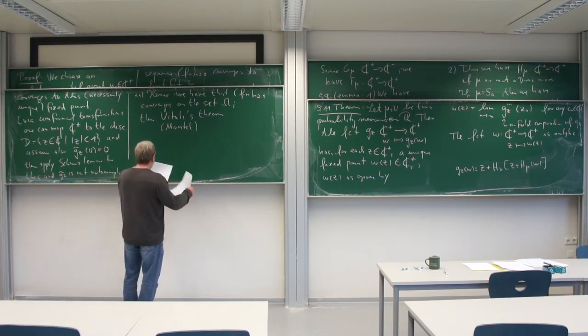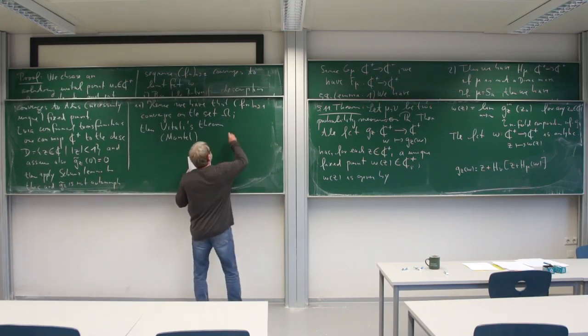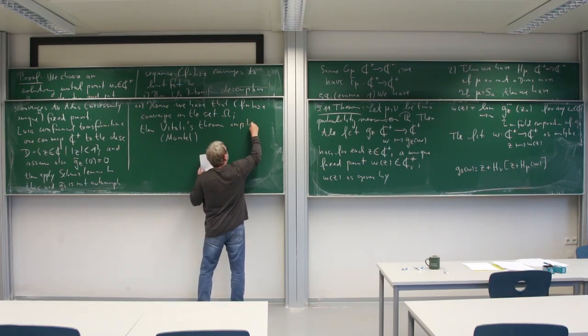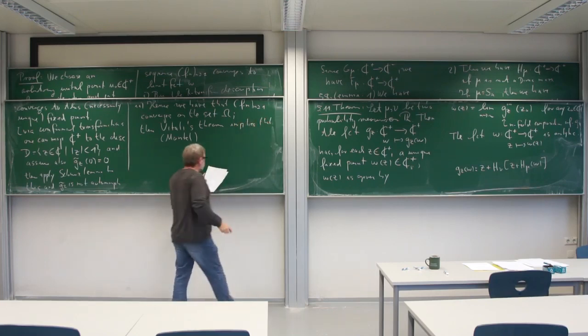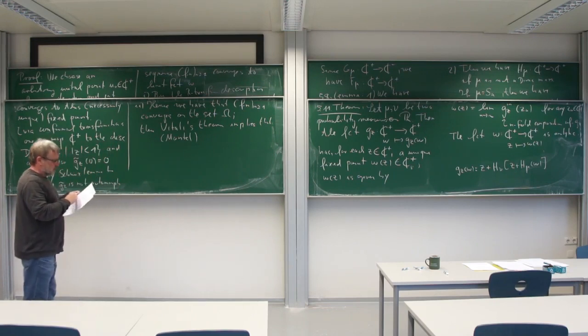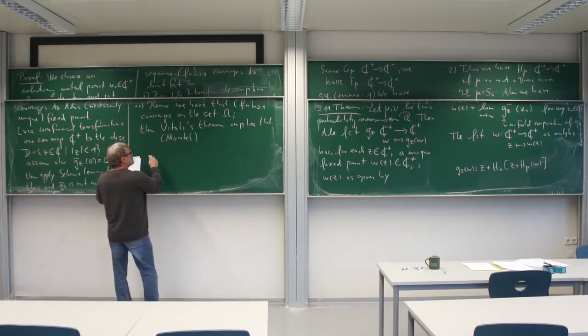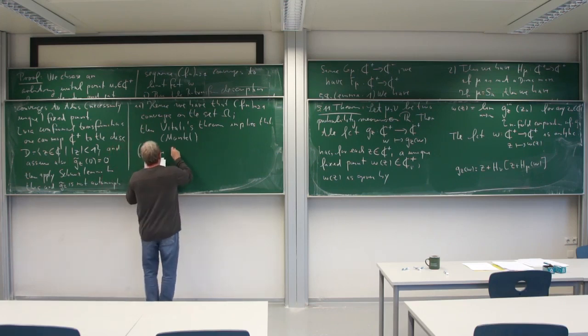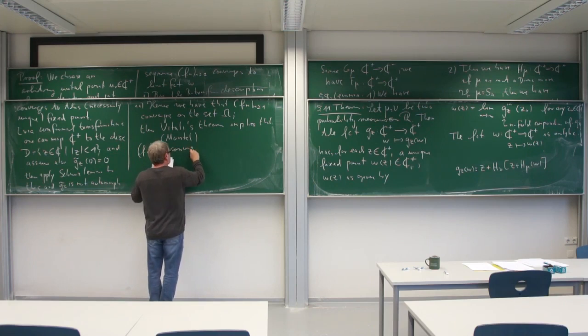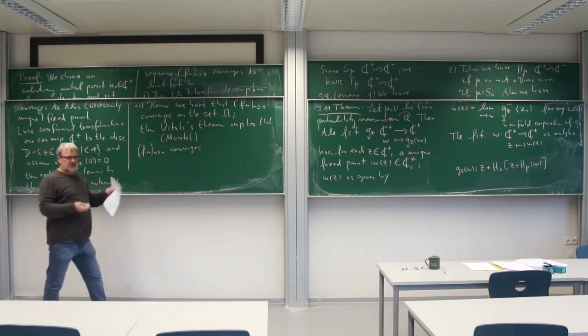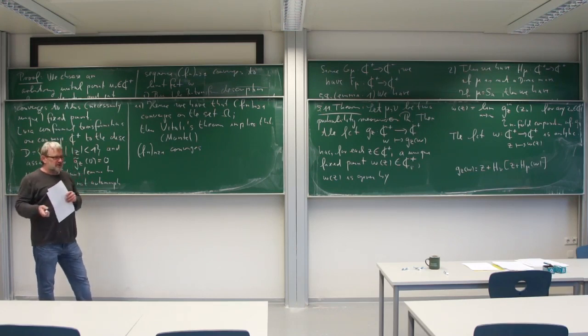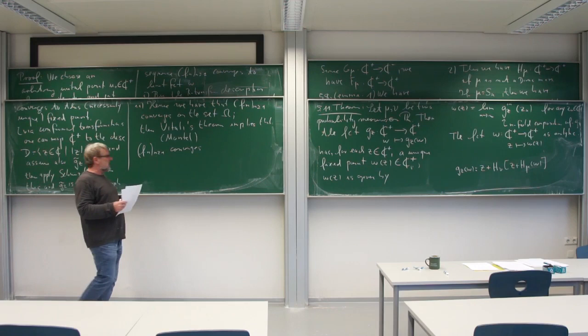Okay, so then this Vitali's theorem implies that actually this sequence converges everywhere, and this convergence is a normal convergence, so uniform on compact subsets, and this means the limit of a sequence of analytic functions is also analytic. So we also get that the limit is an analytic function.